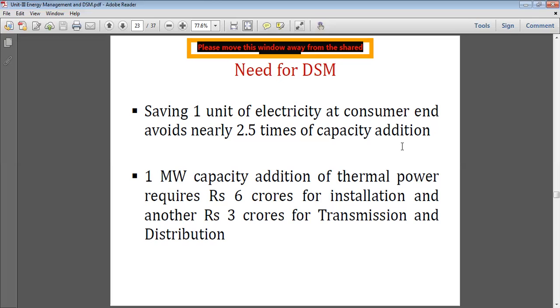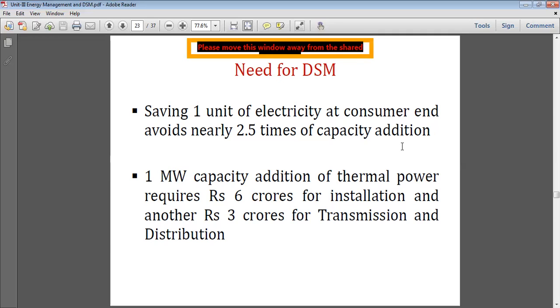During that time, new technologies will come, and we can collect some revenue to install a new power plant. So I think it is a very good example to understand the need of energy conservation, demand side management, and energy audit. Okay, so what is the estimated cost?